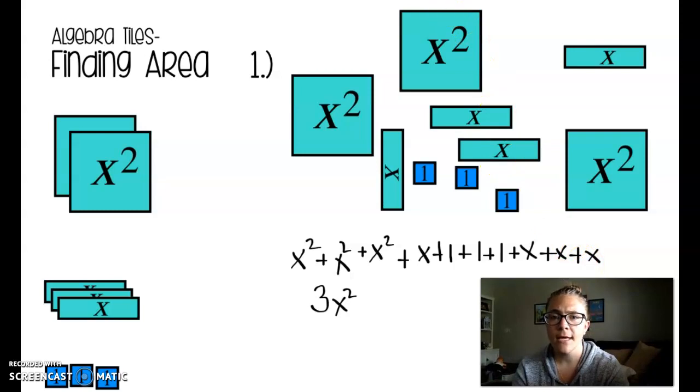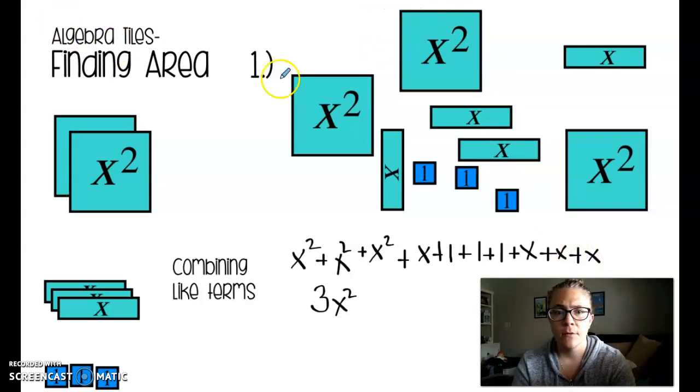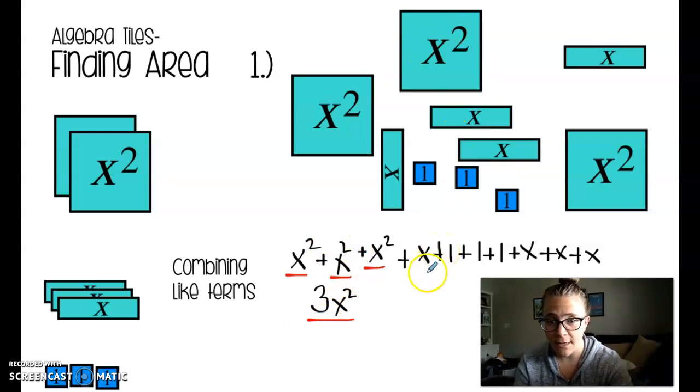Or I can write them in what we call combining like terms. When I combine like terms, I'm going to take my x squared tiles, count how many we have, and represent that as one term or one value. I'm going to color code to make sure that I don't forget anything.